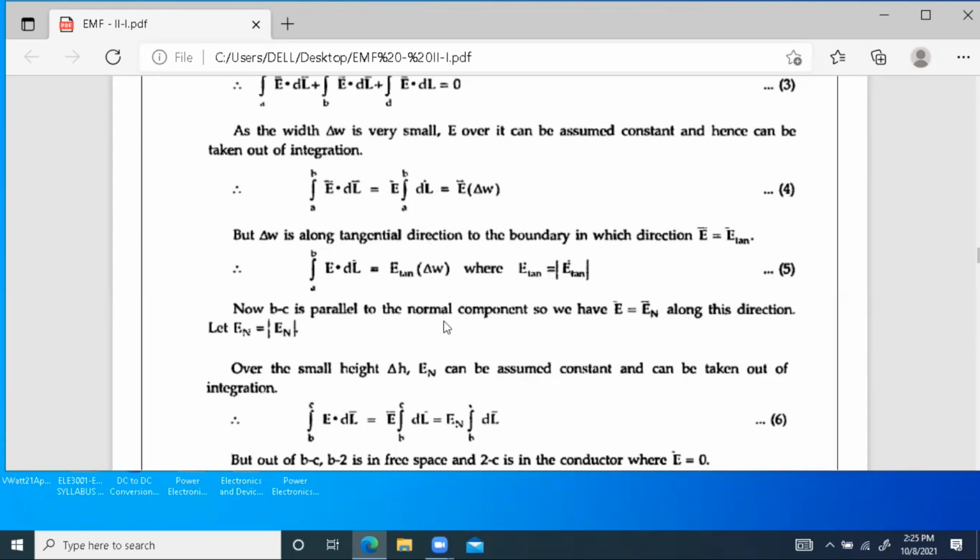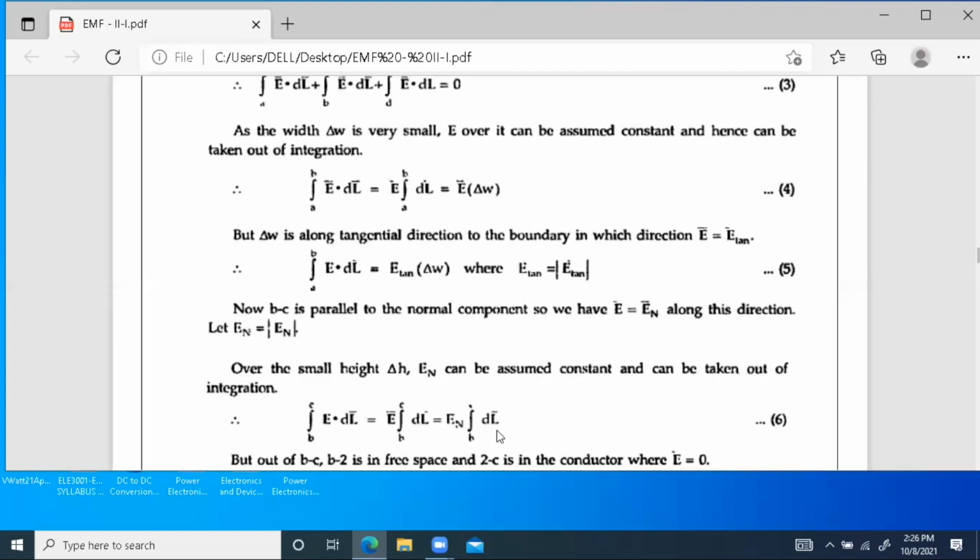So B to C is parallel to the normal component. So we have E equal E normal along that direction. Right? In a similar way, over the small height delta H, E normal can be assumed to be constant and can be taken out of the integral.